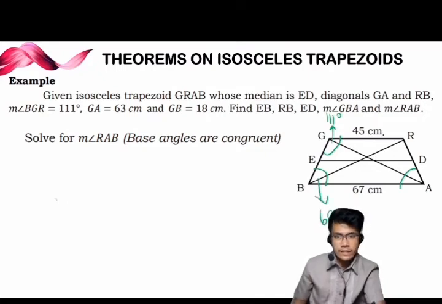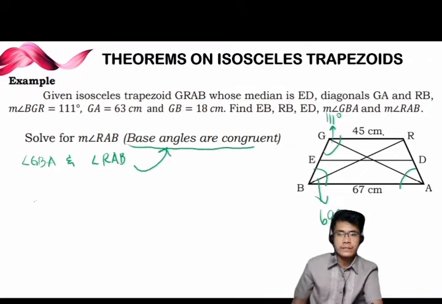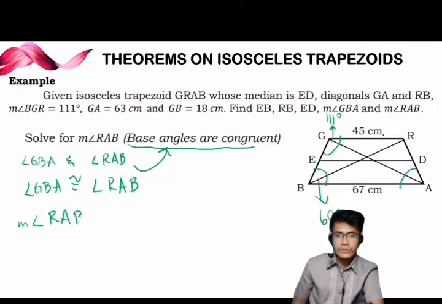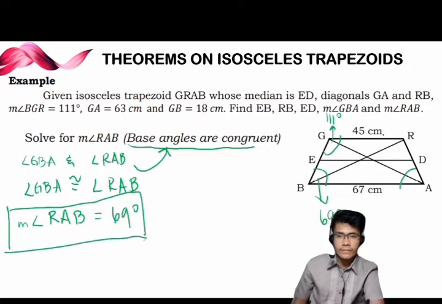Since angle GBA and angle RAB are base angles, they are congruent. If the measure of angle GBA is 69 degrees, therefore, the measure of angle RAB is also 69 degrees. Let's box the final answer.